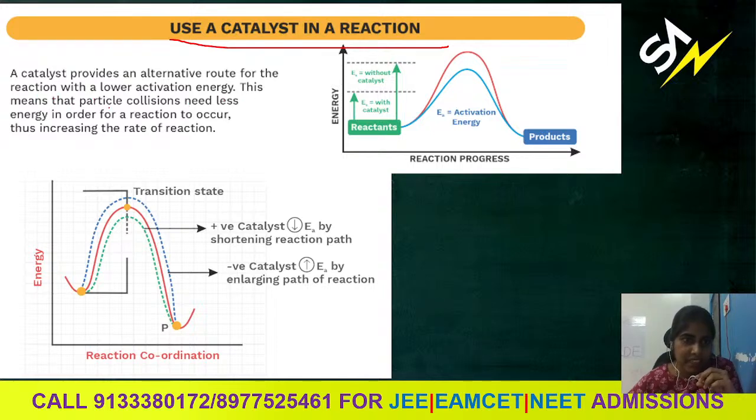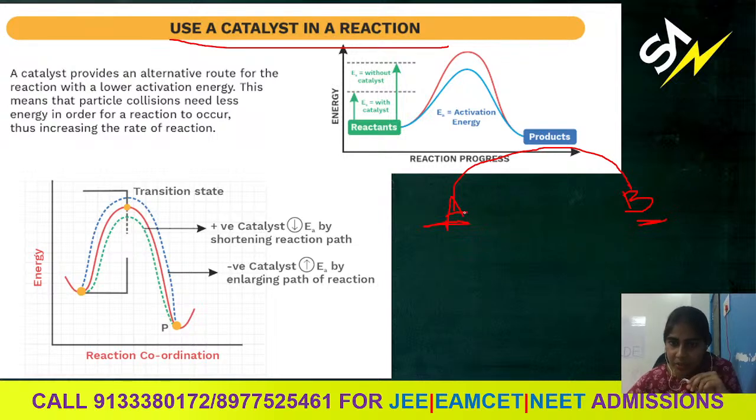This means the particle collisions need less energy in order for the reaction to occur, thus increasing the rate of reaction. For example, here is A and here is B. Suppose A is the reactant and B is the product. For reaching B, it regularly uses this way.